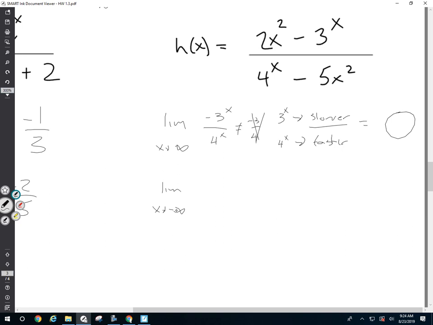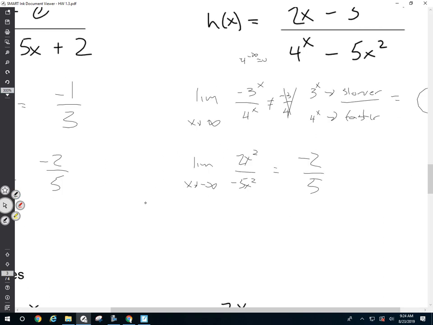In the negative direction, 3 to the negative infinity is 0. 4 to the negative infinity is 0. So I just have 2x squared over negative 5x squared. That simplifies to be negative 2/5. So for both of these, I have two different horizontal asymptotes.